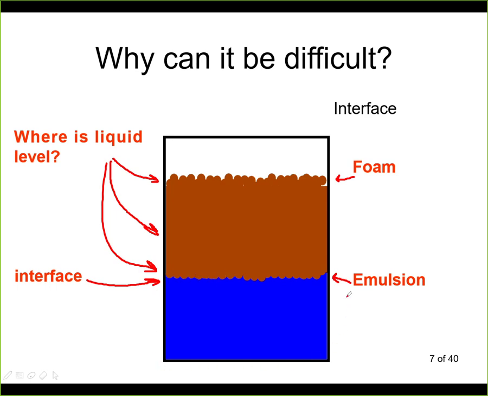Here is an example. Here you can have a liquid, and here you may have a foam on top of it, and here there might be another liquid. A typical example is water and oil. You want to separate water and oil, and you want to measure how much water and oil you have.